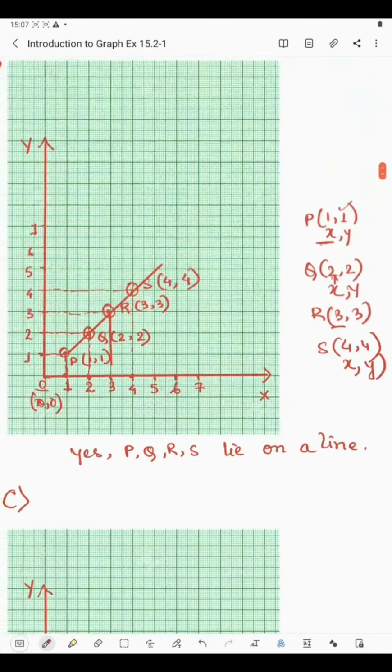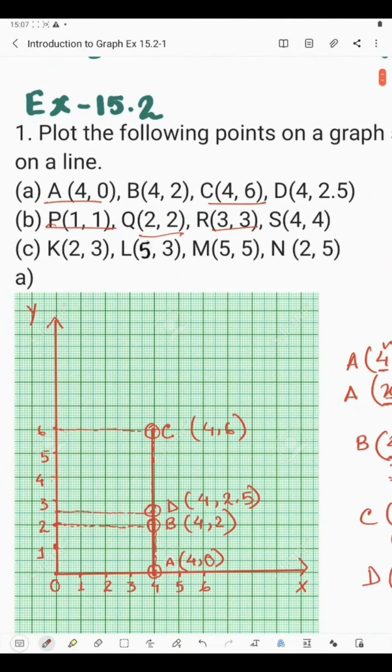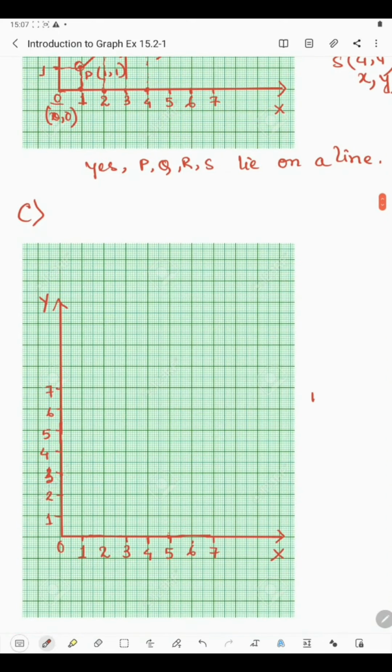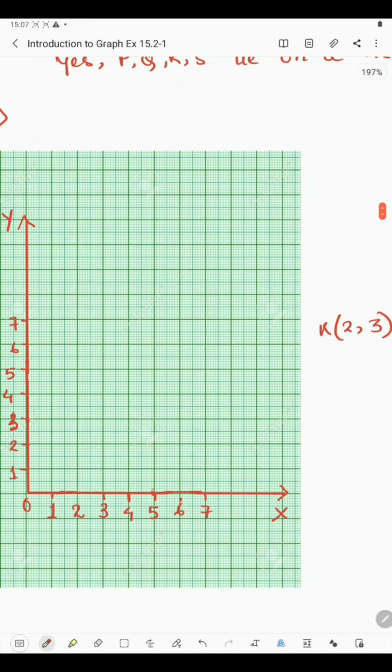Now at first we have point K, and the coordinate of point K is 2 and 3. So 2 and 3 means value of x is 2 and value of y is 3. To find value of x we need to see the x axis. So here is 1 and here is 2.